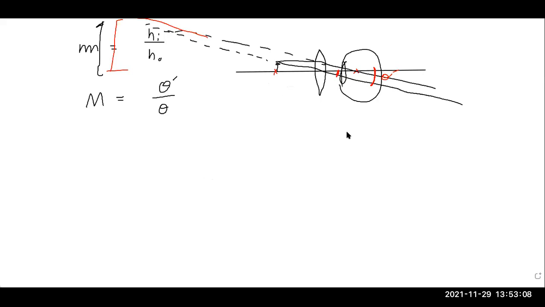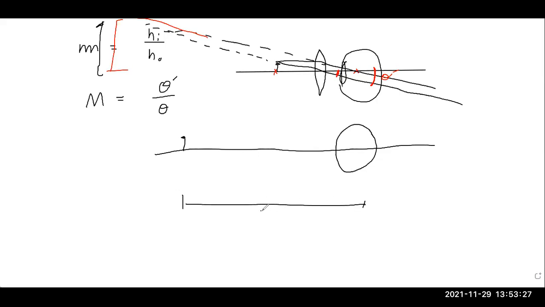So if we had our eye again, looking at something 25 centimeters away, the angle that it's going to make as it enters their eye is now smaller.